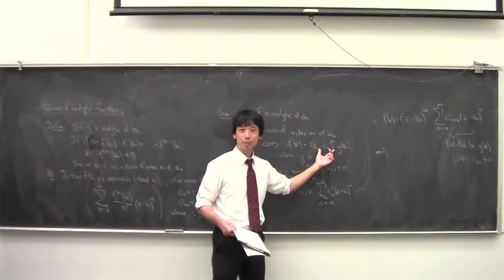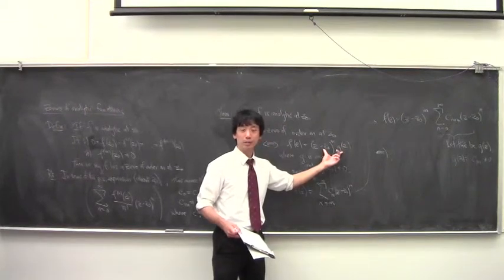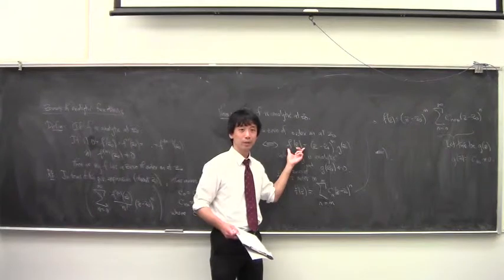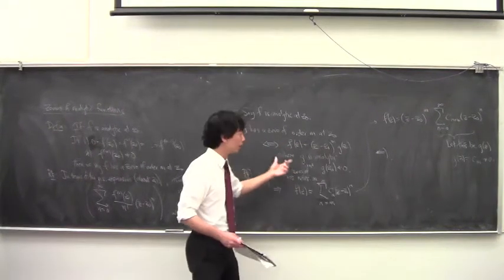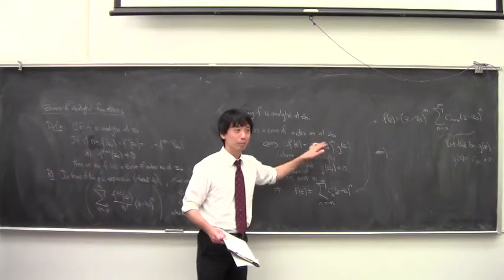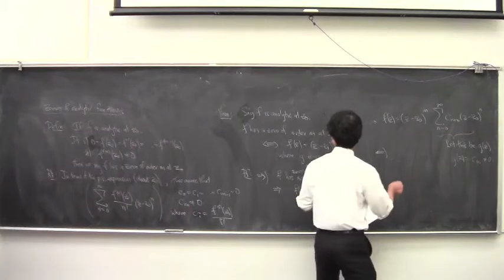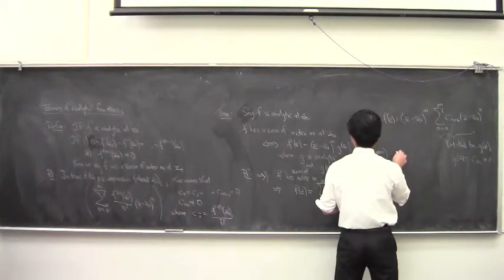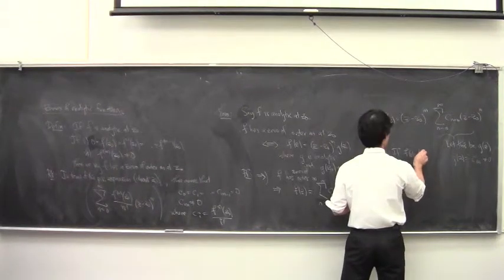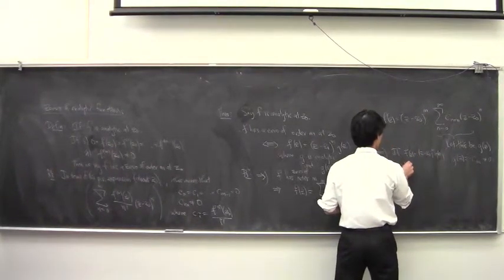By the uniqueness of power series, that's going to be the power series for f. And then you look at it and you say, oh, the first m coefficients are 0, and that's the end. Okay, so backwards is even easier. You say if f equals this, g is analytic.